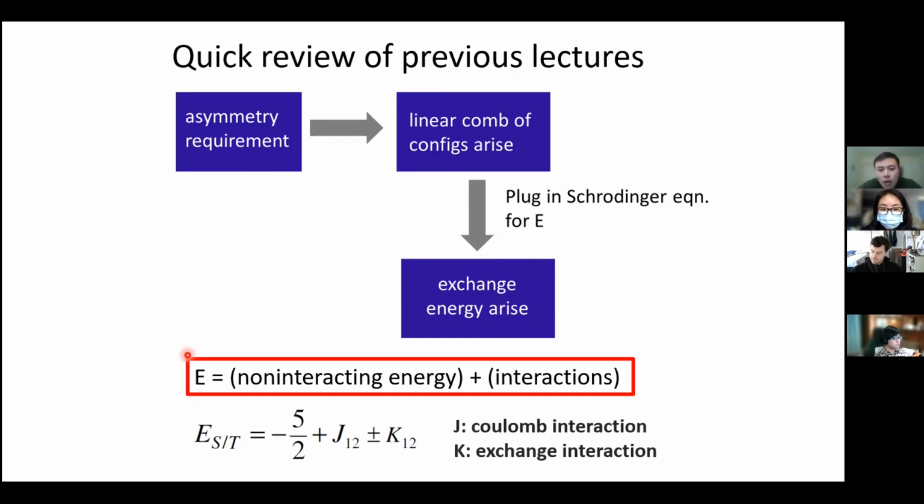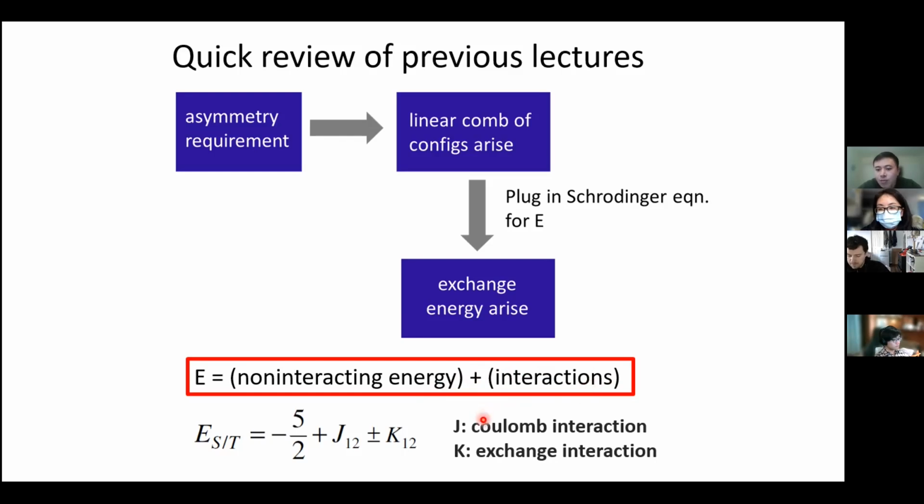And also, we covered this important conclusion about the energy of a many electron system. It should typically include a non-interacting energy, as though the electrons are neglecting each other. They're simply interacting with the nucleus, and also the interaction part involving the interaction among electrons.